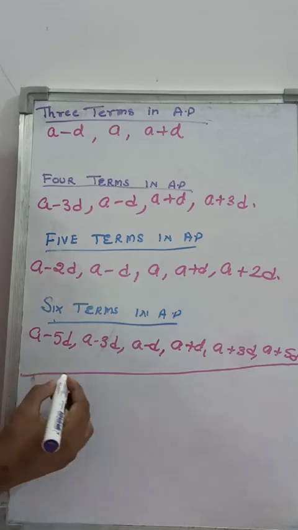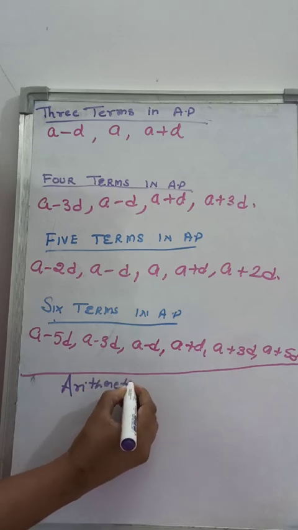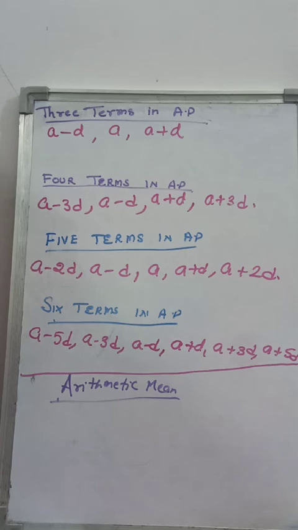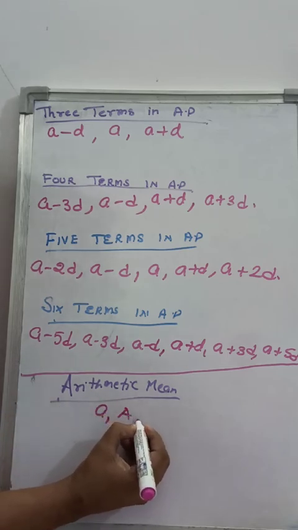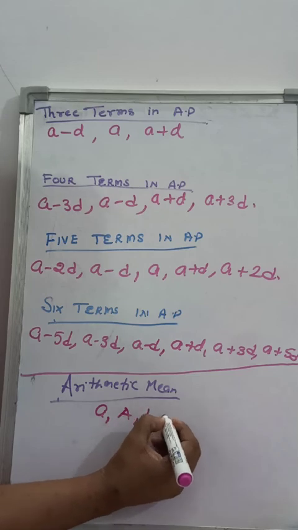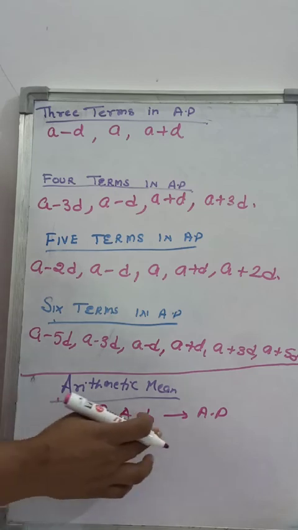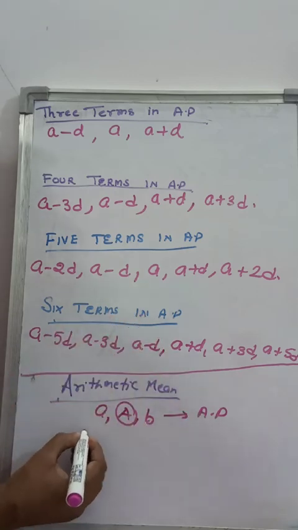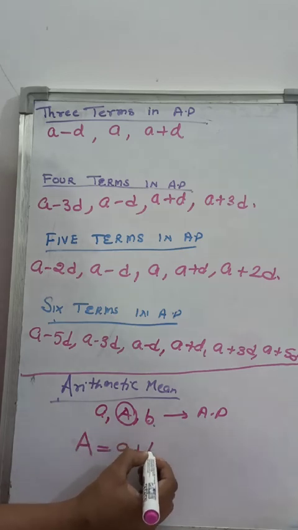Now, one more thing we will do: arithmetic mean. If in the question it's saying you have to find or use the arithmetic mean. Suppose an AP series is given to you: A, comma, capital A, comma, B. They are in AP. That means they are in AP series and you have to find the arithmetic mean. So this A will be the arithmetic mean of the first and third term.